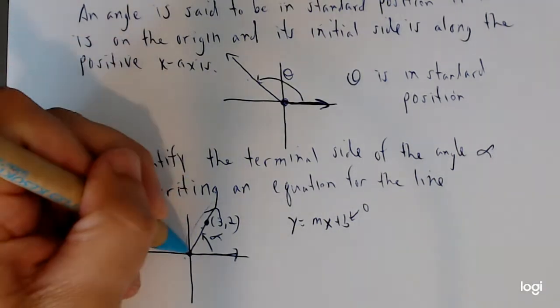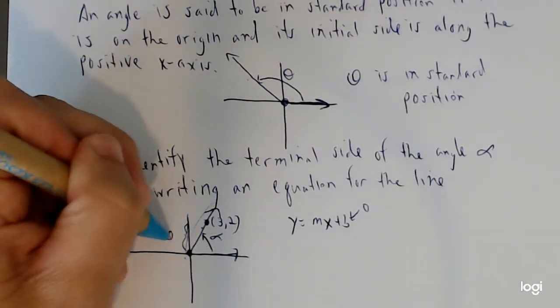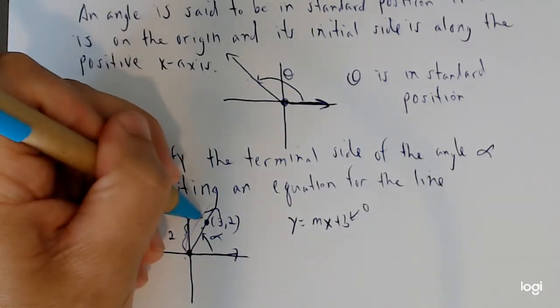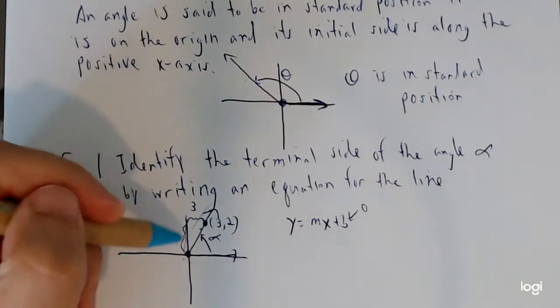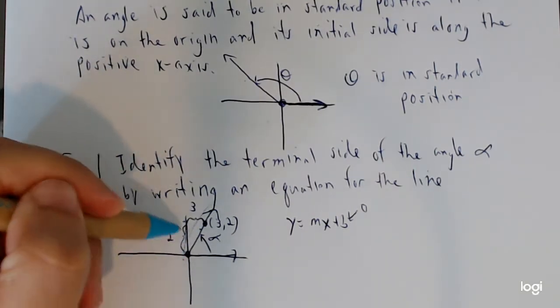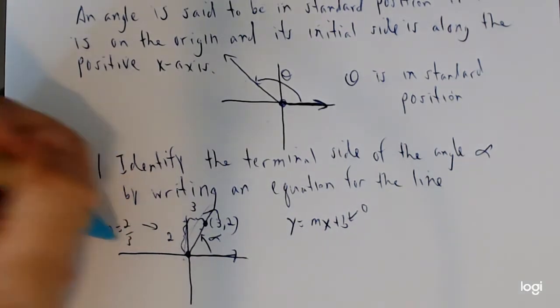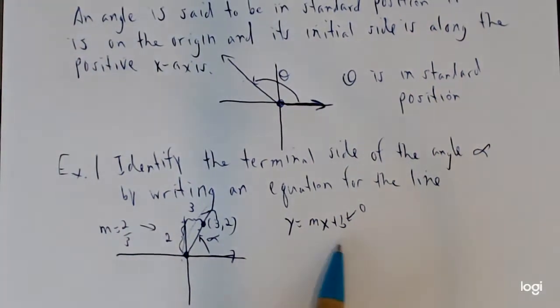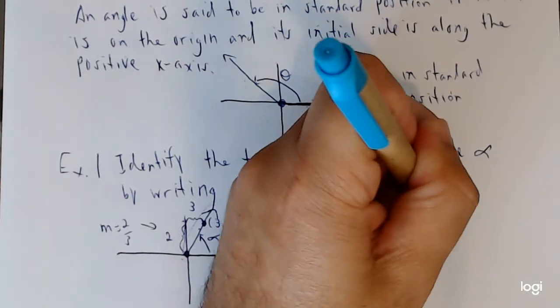From this point to this point, how much do we go up? We rise 2. And how much do we move to the right? We move to the right 3. So the slope is rise over run, 2 over 3. So my m is 2 over 3, and the equation of this line becomes y equals 2/3 x.